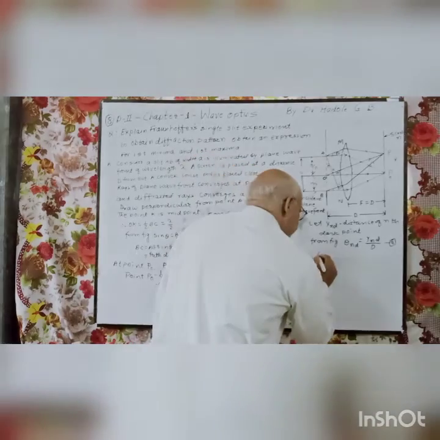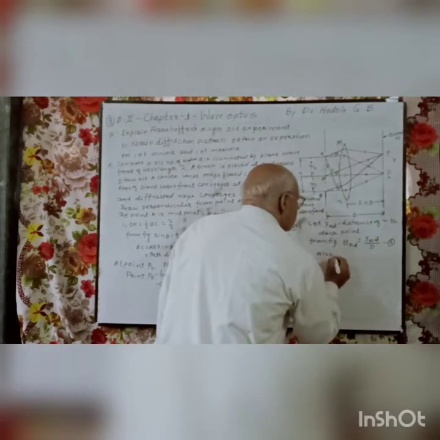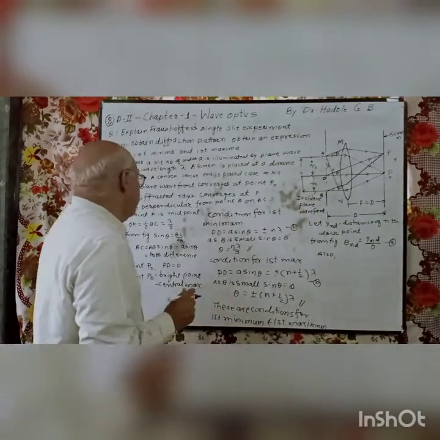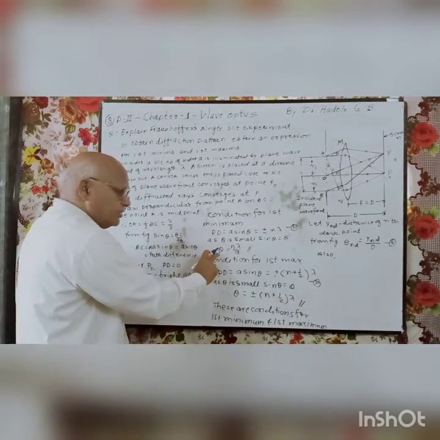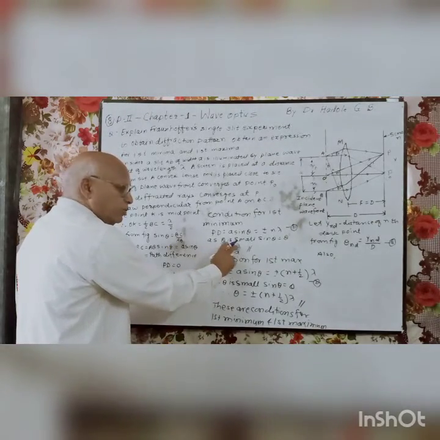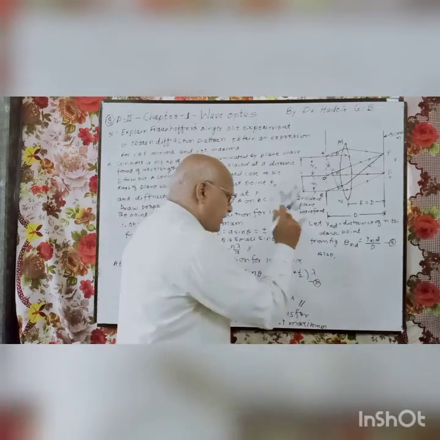Also, for the first minimum, we have the condition theta equal to n lambda upon a.